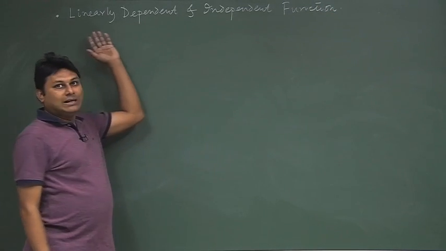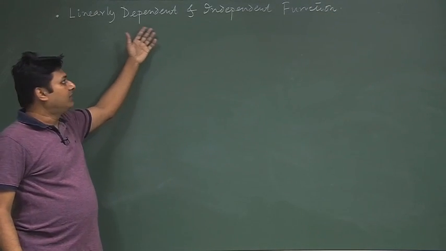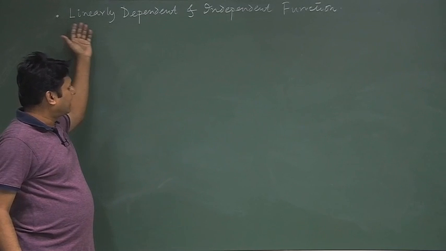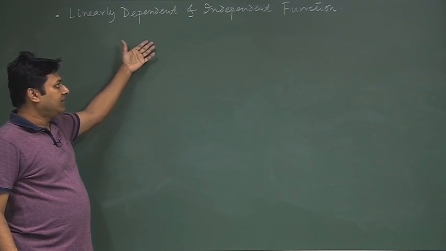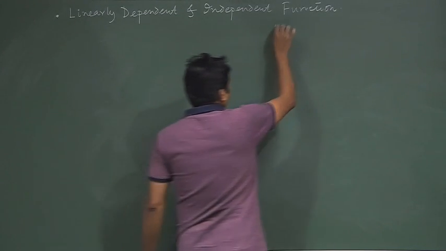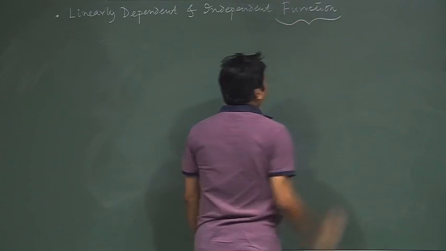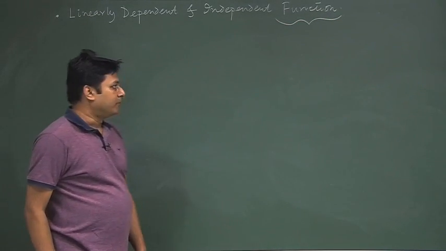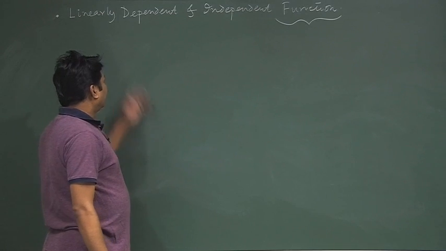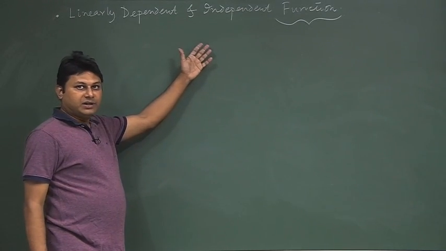So far we were dealing with linearly dependent and independent vectors. Now, I am doing the same thing, but here instead of vectors I am talking about linearly dependent and independent functions. By definition both are the same, the definition is exactly the same.